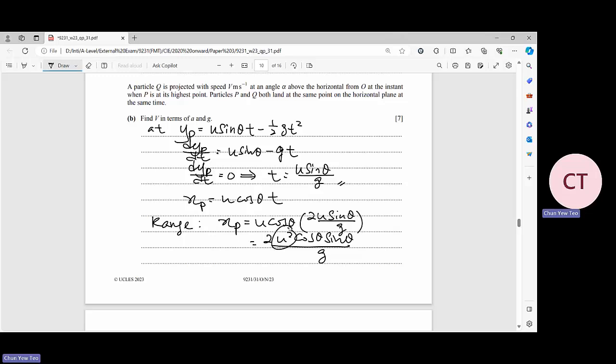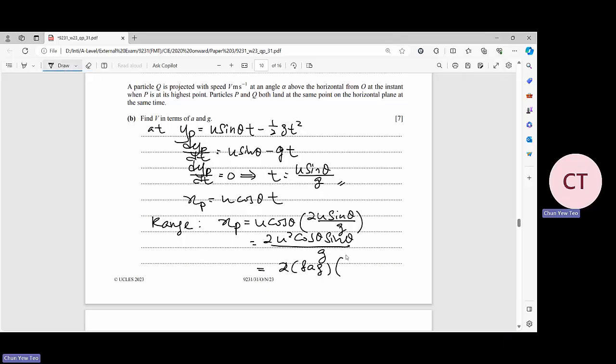Over here we have u squared, that will be easier for us. Now we can change u squared to 8ag. So we have 2 multiplied by 8ag cos theta sin theta. Oh, I have the cos theta. Cos theta sin theta is how much?